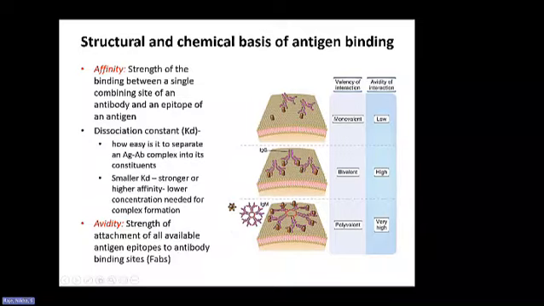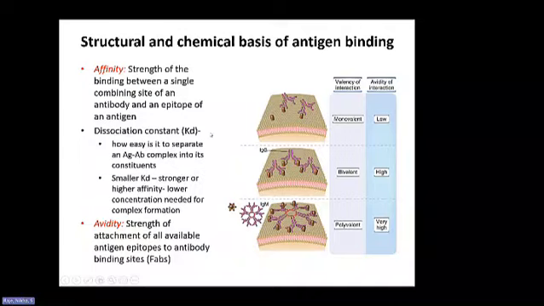So the avidity can differ based on how many antibody binding sites are present. IgG versus IgM: IgM would have very high avidity compared to IgG or other monovalent or bivalent antibodies. Affinity, by comparison, could be pretty similar, depending on how easy it is to separate an antigen and antibody complex into its constituents.